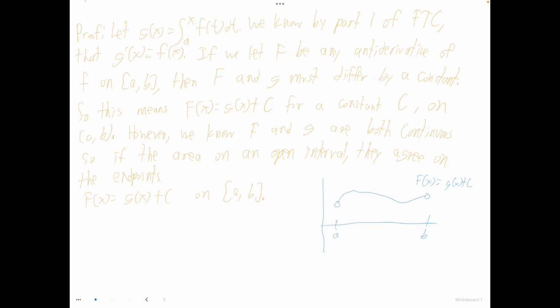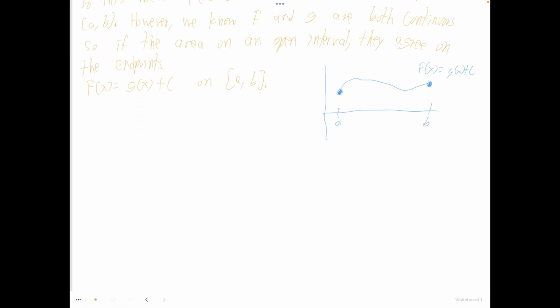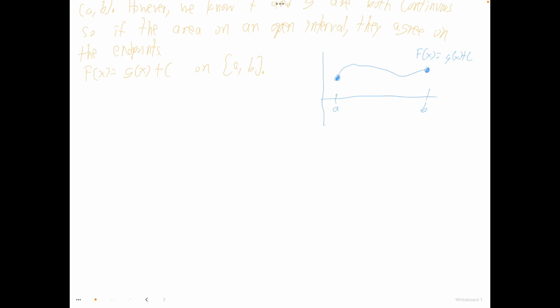And so as we approach an endpoint, we're forced to fill them in, and they have to fill in the same way because they're both continuous, so we can't jump to some other value. We're just approaching some value from the left and from the right, and it has to be the same for both of them because of continuity. And so because of that, they agree on the whole interval. And so that's going to be relevant in a second.